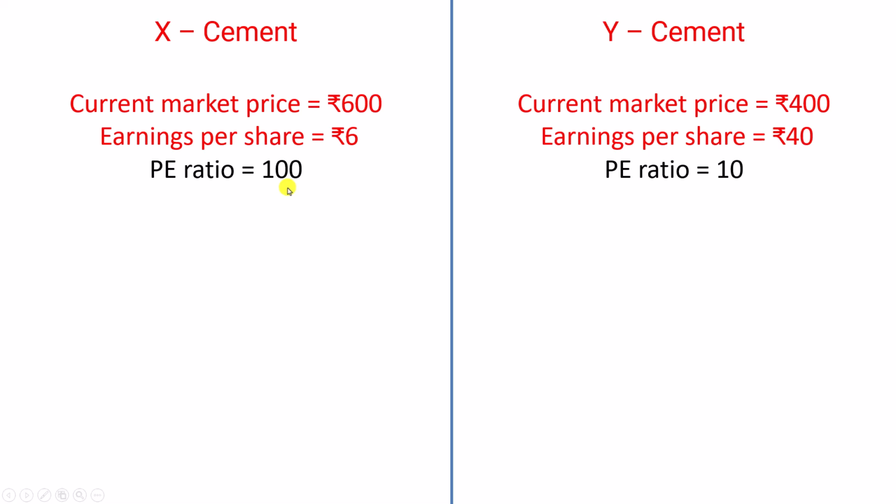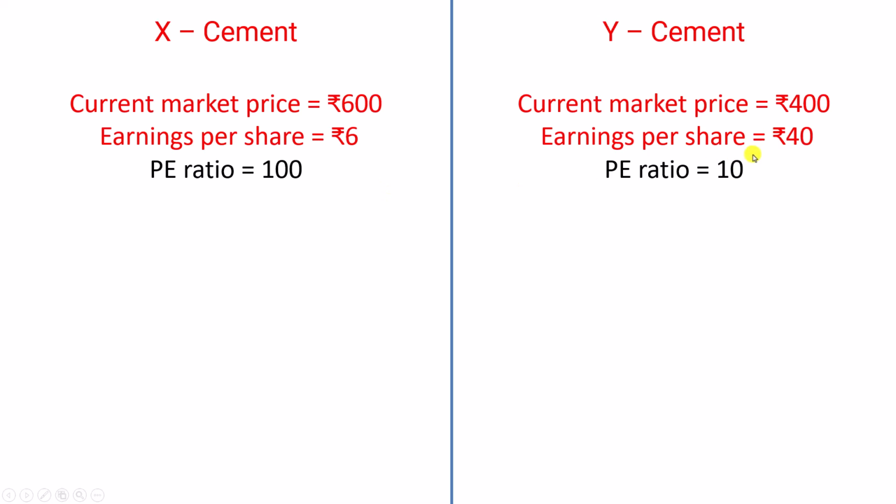Once again, let us say that you pay 600 rupees in the stock exchange and buy one share of this company X. Let us assume that the earnings per share remains constant throughout the years at 6 rupees. Then for you to get back your 600 rupees that you had invested or spent on buying the share, you will have to wait 100 years.